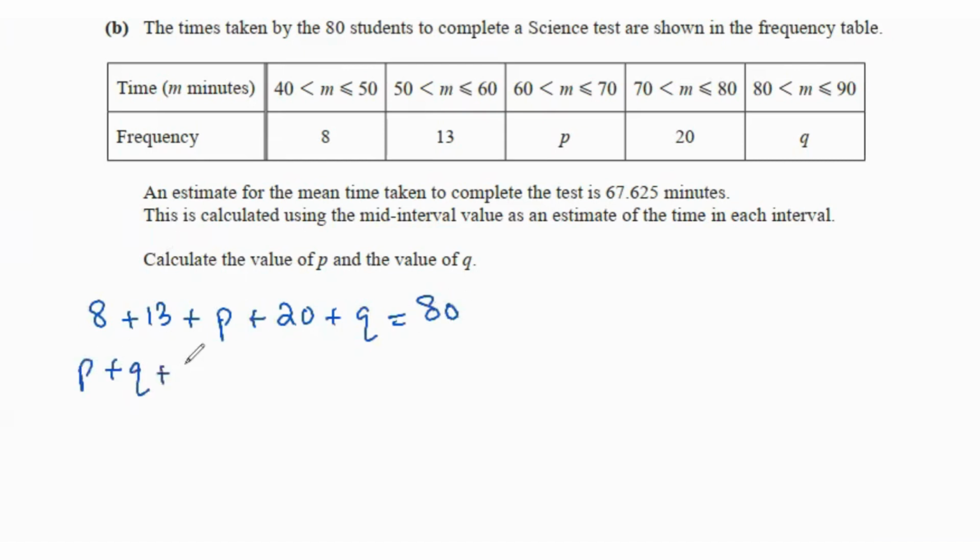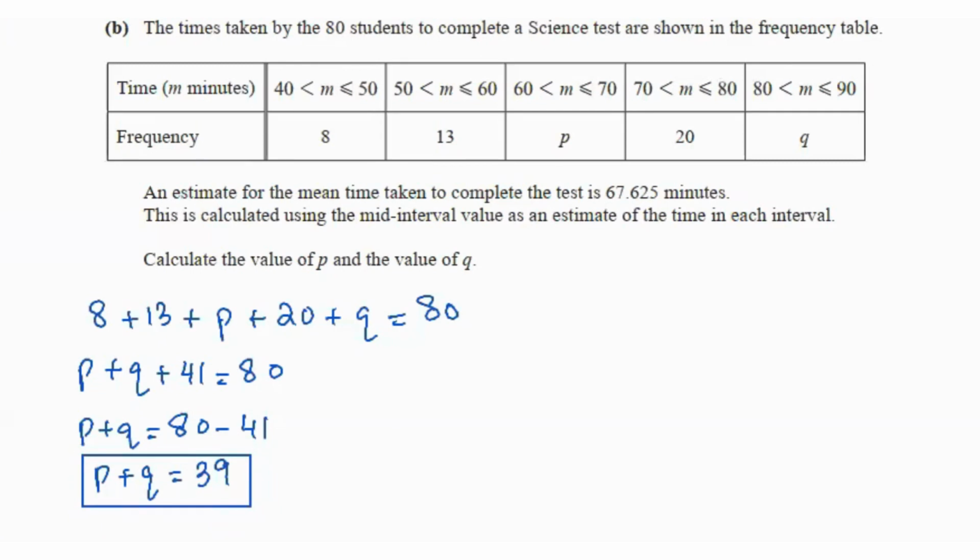P plus Q plus 41 is 80. And P plus Q is going to equal 80 minus 41, which is 39. So this is the first equation that we have.